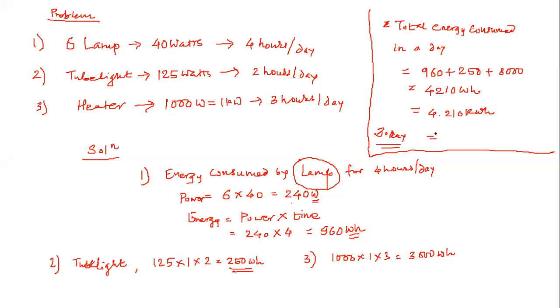So 4210 multiplied by 30 days will be 126,300 watt hours, that is 126.3 kWh, right? And multiply by per unit cost, you will get the total cost of your electricity, right?